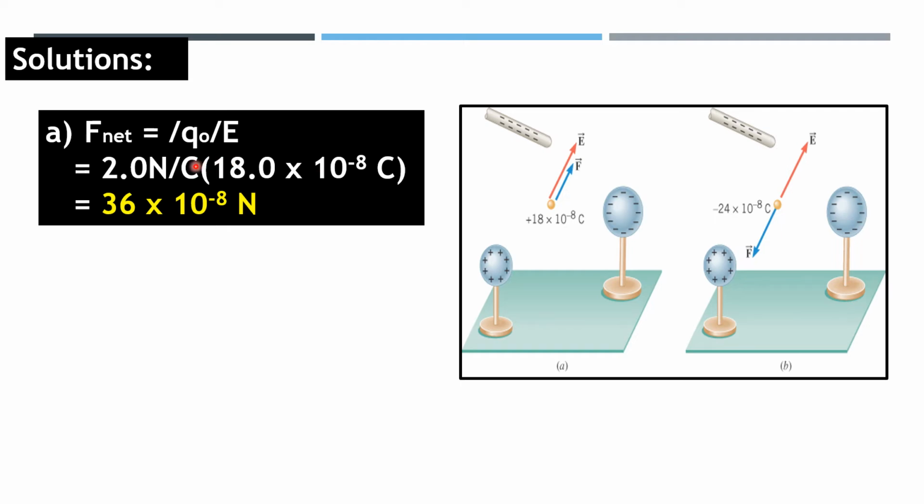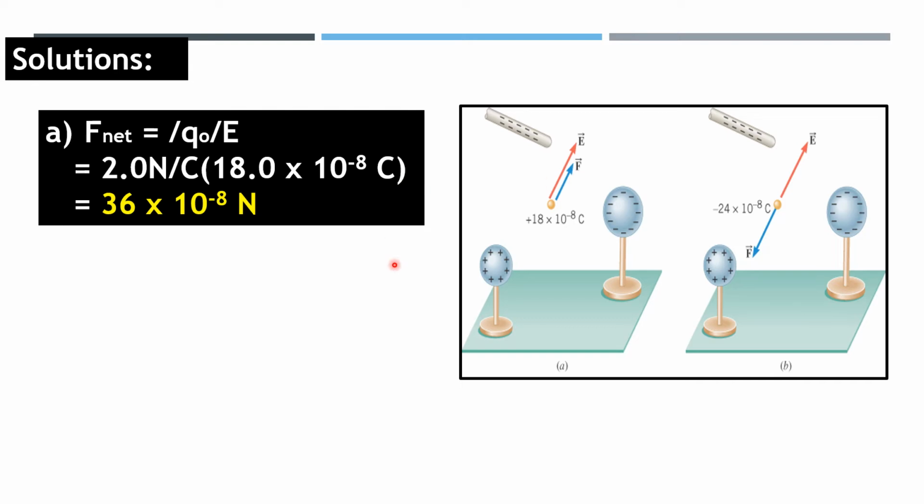The unit Coulomb cancels out, and we get this amount of net force, 36 times 10 to the negative 8 Newton. Since we use the absolute value for Q naught, we don't expect any specific sign for our net force. For the direction, you simply refer to our diagram, which suggests that the net force is directed as shown by the blue arrow.